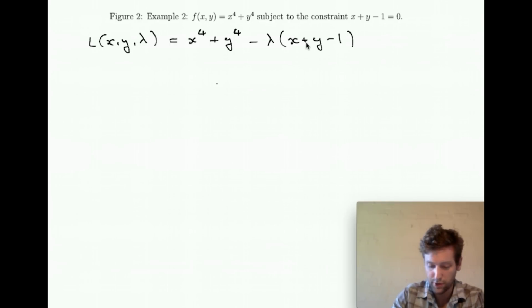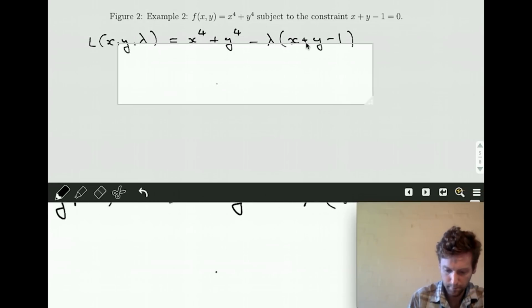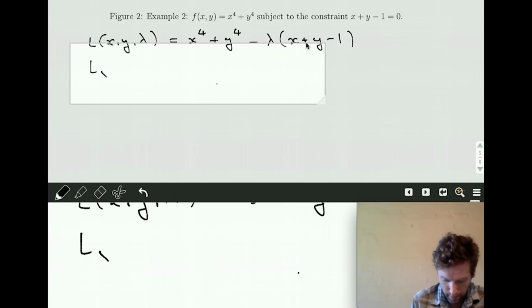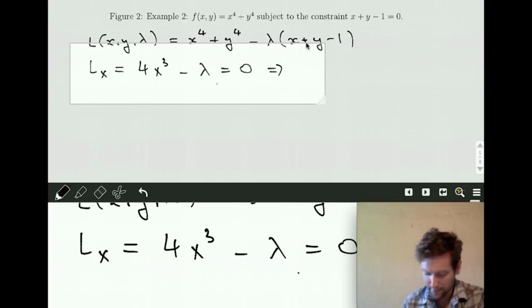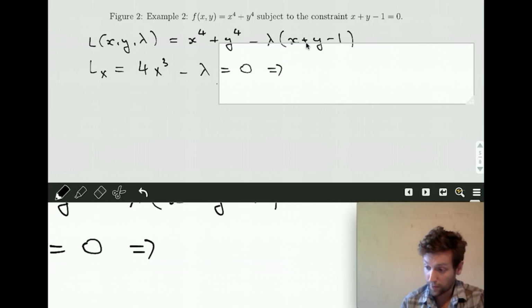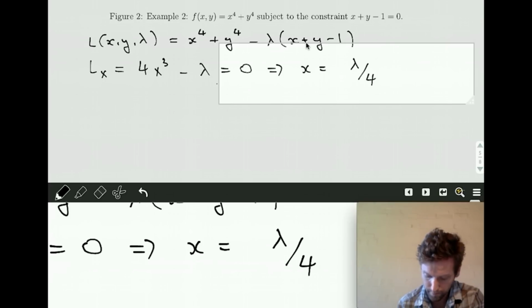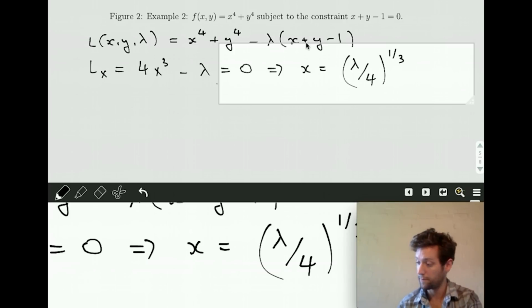So once again, we're going to take partial derivatives. The partial derivative of this function with respect to x is 4x cubed minus lambda. That equals 0. Again, lambda is not going to be equal to 0, and I can solve this right away for x. So x is equal to the cube root of lambda over 4, lambda over 4 to the power of 1/3.